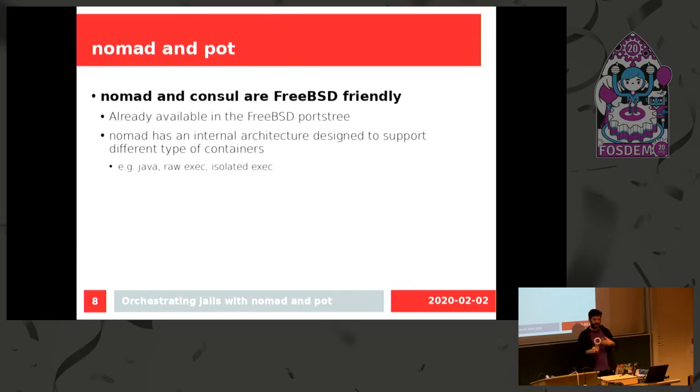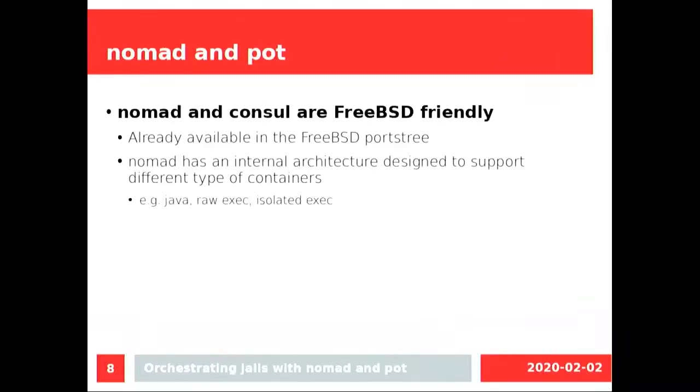Moreover, Nomad has an internal structure that allows adding additional drivers. A driver is something that supports a different type of container. So there is a driver for Docker containers, and a driver for Java, which means you have a jar tarball and it executes the JVM right away. So different types of containers.